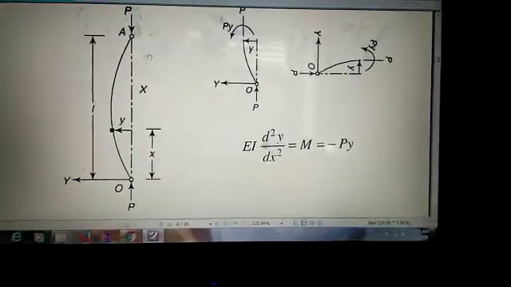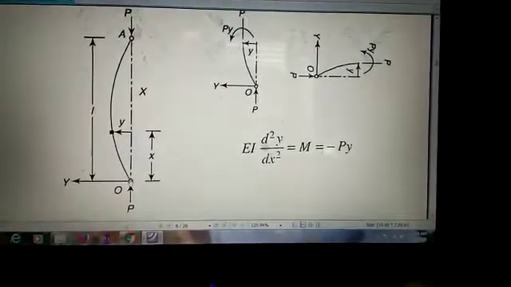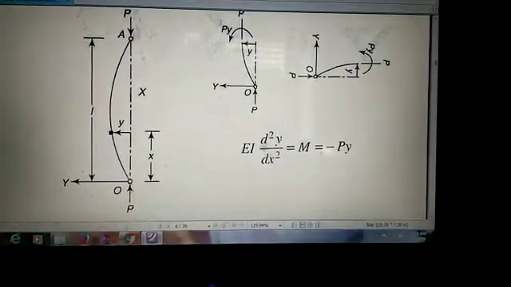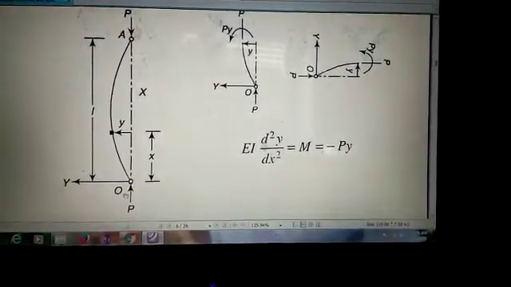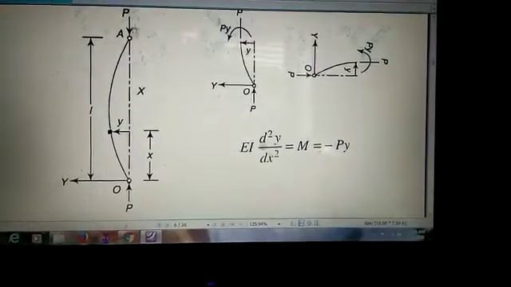As we know, the nature of load in the column is compressive, so at end A and at the other end O, the compressive load is applied at both the ends.